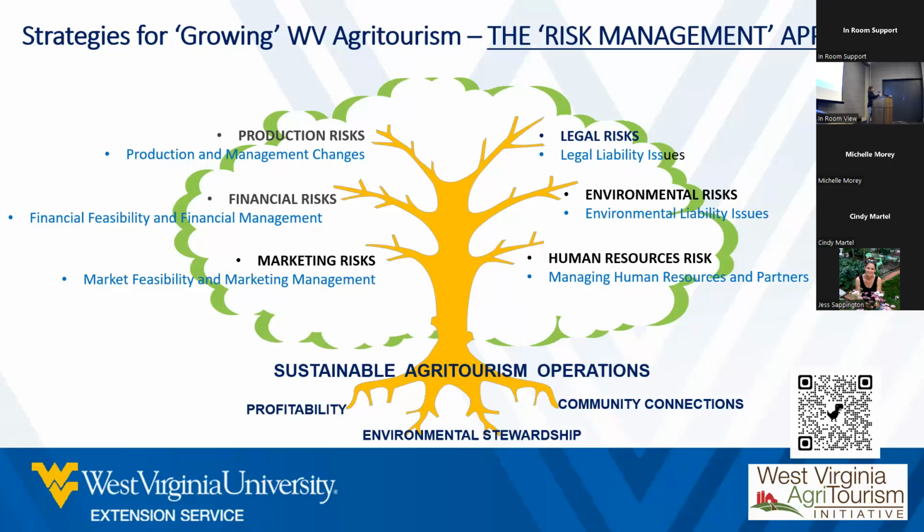Or when do I have the goats kidding or my sheep lambing so that it's there for the season I want my petting zoo open? With a strawberry U-pick, when do I plant, and so on, right? So a lot of production and management considerations.